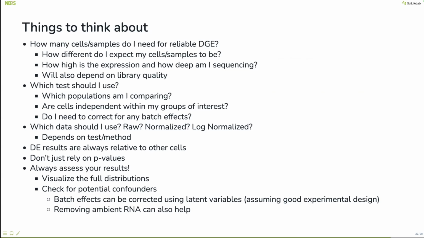Always think about whether your cells are independent and if you can use a test that assumes independence. And also if there are any batch effects that you need to correct for. For which data to use, whether it's raw or normalized, that depends on the test that you choose to use. So check the documentation for that test.